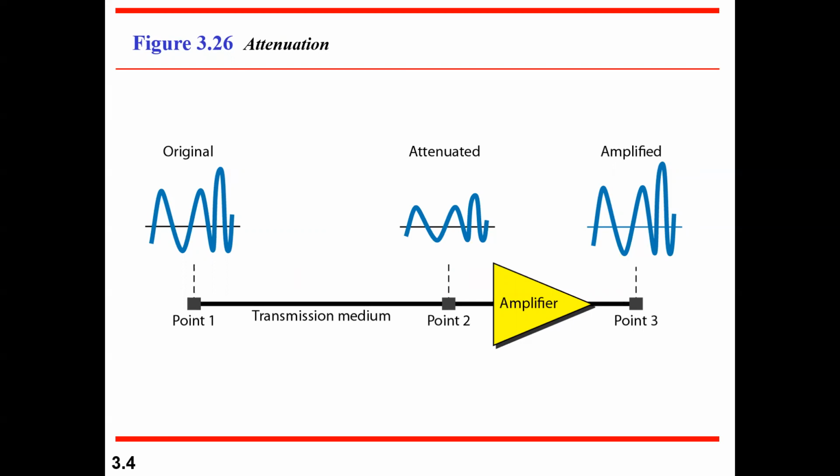An example of an amplifier is a repeater or a switch. You can place these devices on your network, and they can boost or repair the signal which has been corrupted and then resend it to the next device.